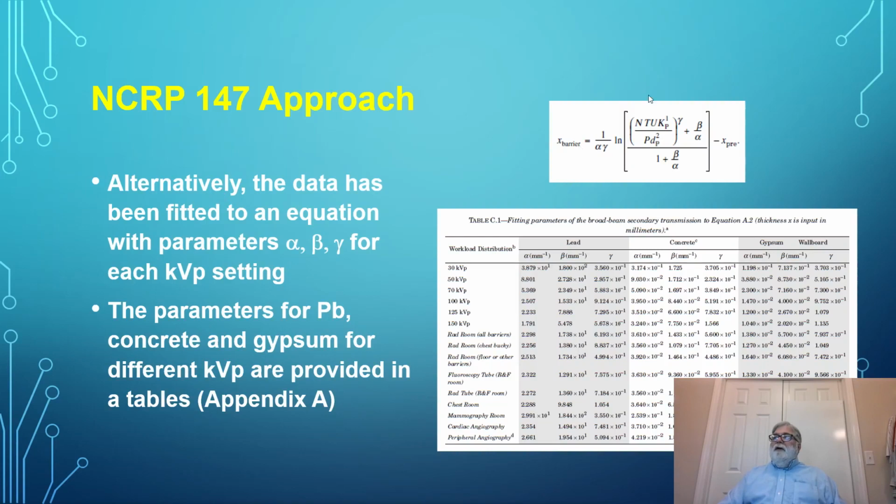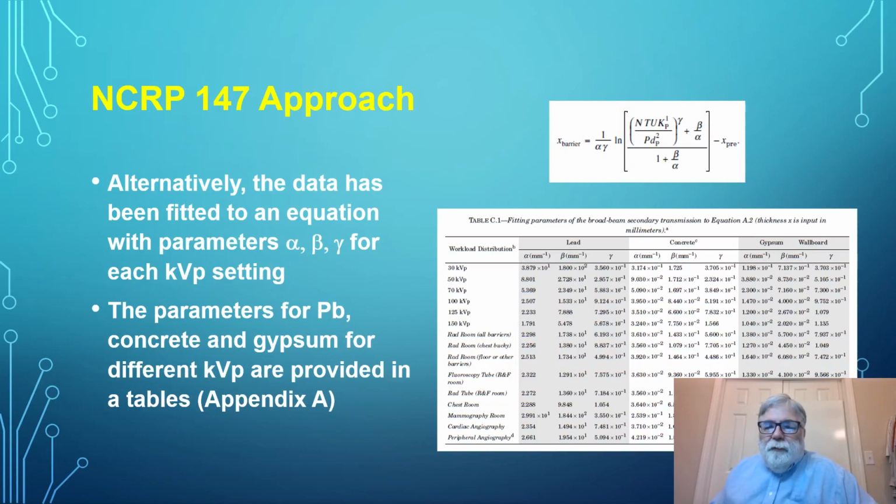The thickness of your barrier is dependent on all these factors we know. The N we know, the T, the U, the K1, P, D squared, all those things. And then there are these parameters, alpha, beta, gamma. Alpha, beta, gamma represent that curve that we've seen, the attenuation that occurs.